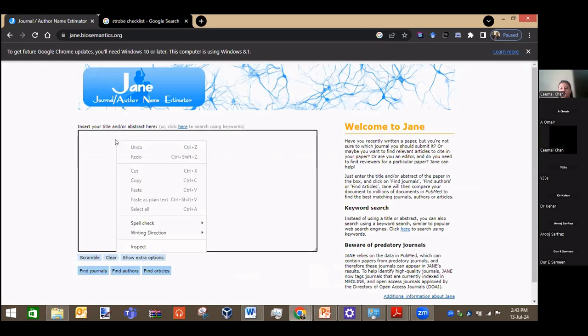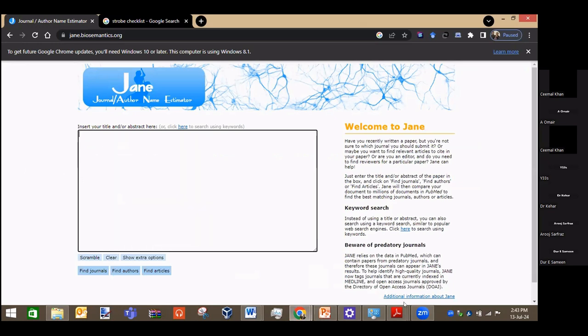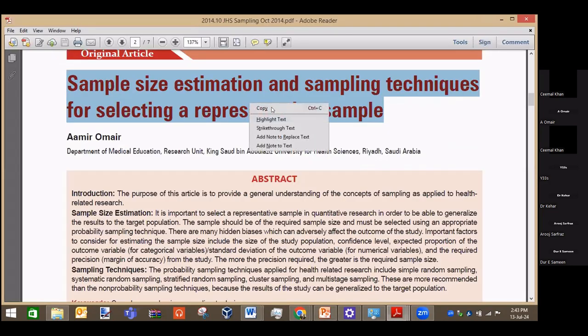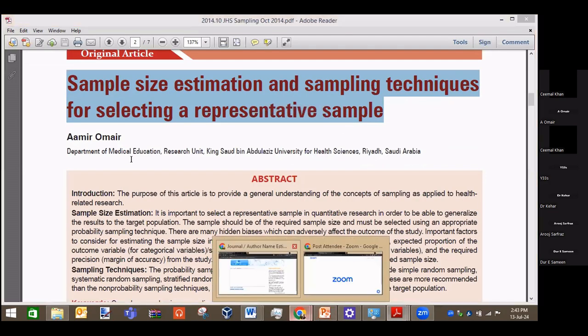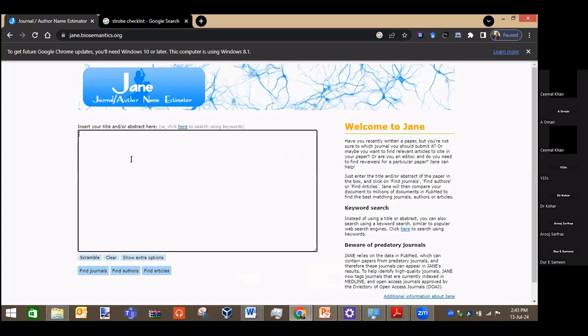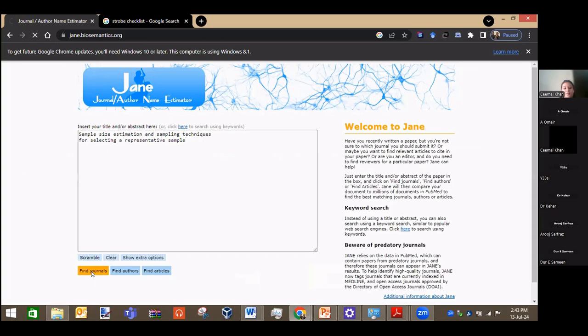Right? So put the title. Whatever title, if you can put the abstract, that is also good. And you just go and click on find journals.